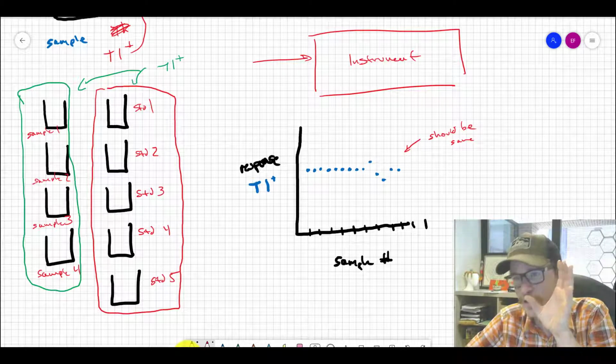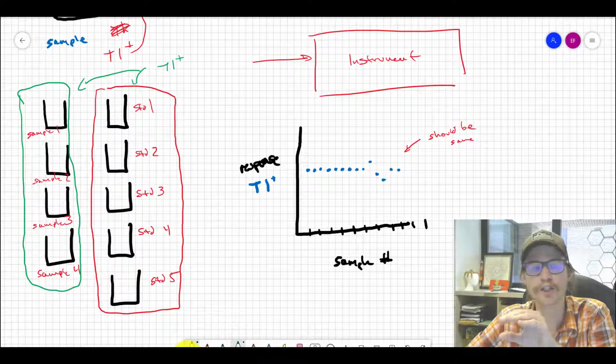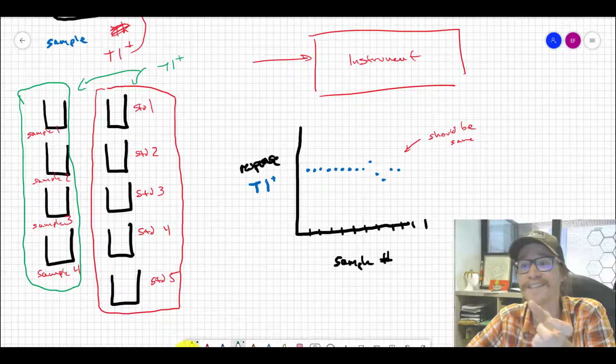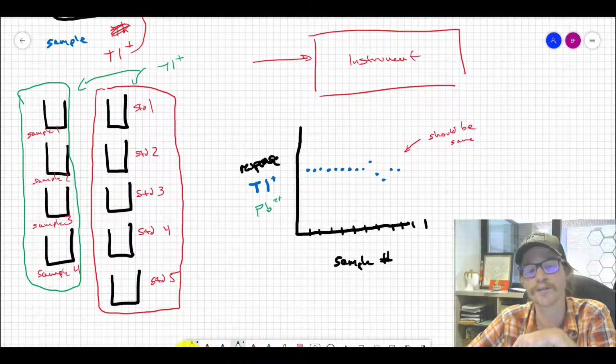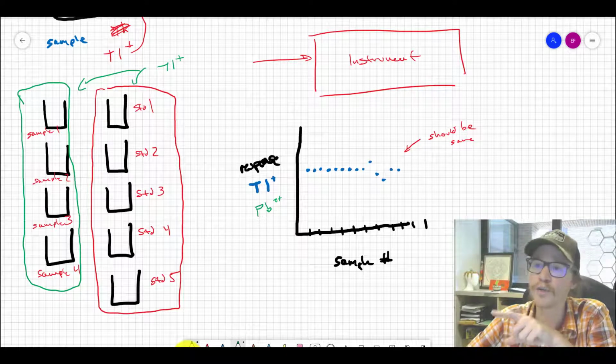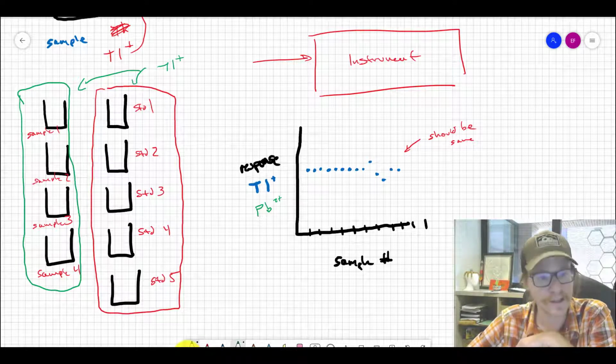So the punchline here is that if you're monitoring a control in every single thing you run, you know it should be the same, then you can actually compensate if it's not the same. So if you have your analyte and you're measuring that response too, this is lead 2+, and we'll do this in green, what you would assume then is that the response for that lead would also track this, right?